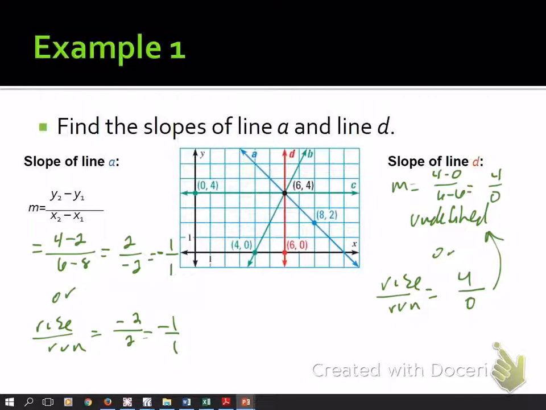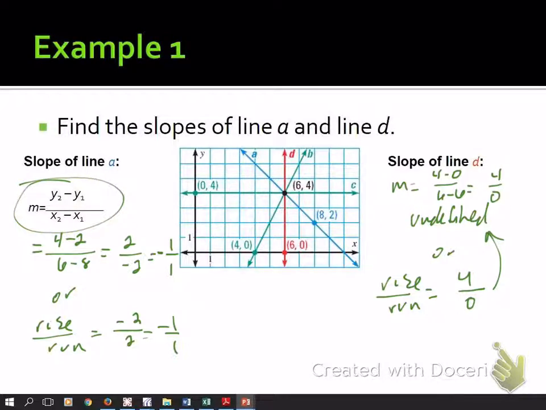Okay, did you get -1 or -1 over 1 for the slope of line A and undefined for the slope of line D? A couple of different ways you can find this when you have the coordinate plane and the points. You can use the slope formula, y2 minus y1 over x2 minus x1.